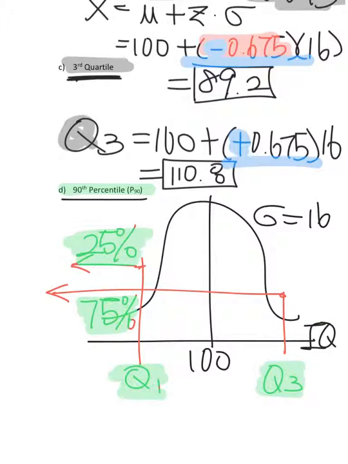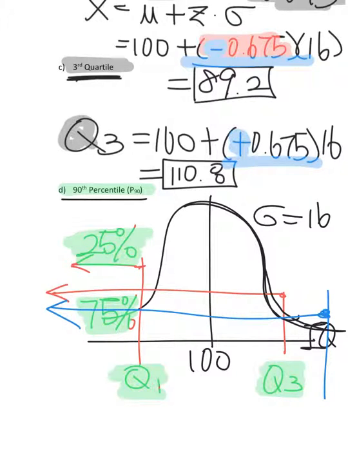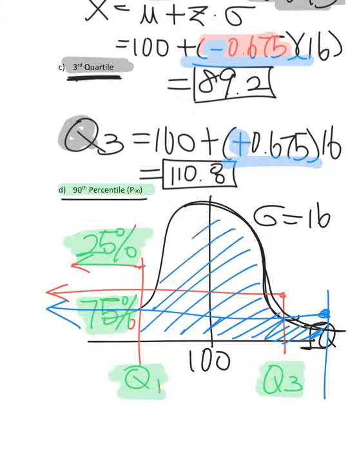Now, where do you expect the 90th percentile? Is it bigger than Q3 or smaller than Q1? It must be bigger than Q3, because, you know, the curve is getting down, right? It's up to here, the 90th percentile. There is a probability of 0.9.